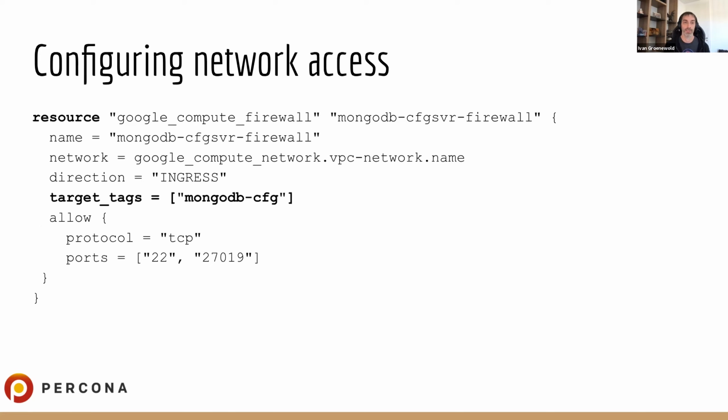So we can define that in the allow list. And again, the target tags will be marked in the instances to see to which of the instances the firewall rules apply, okay? So any instance that is marked with MongoDB CFG will be using these firewall rules, okay? And we can do the same for the other components.